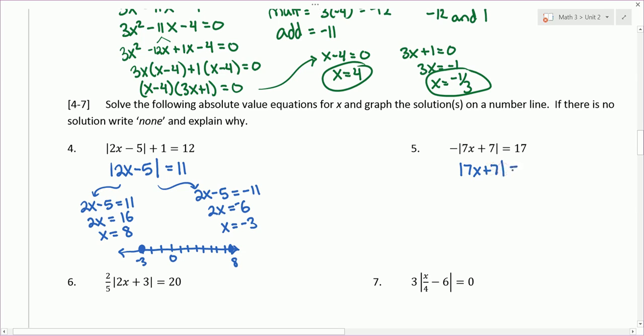And you multiply the right side by negative 1, you get negative 17. That's a problem because when you take the absolute value of anything, you should end up with either a positive answer or 0, never a negative answer. And so because you have an absolute value equal to a negative 17, we're going to say no solution.